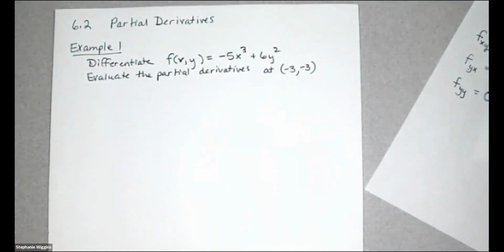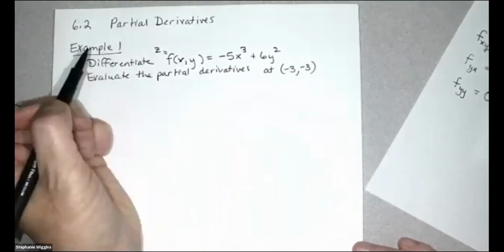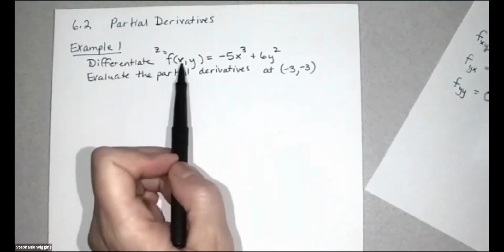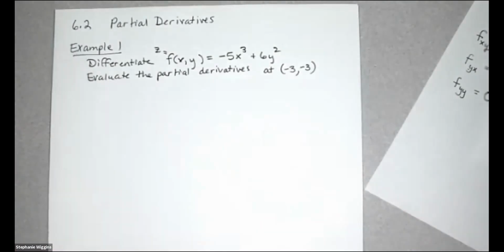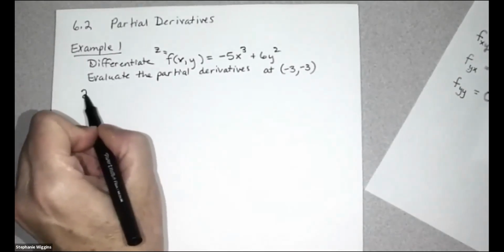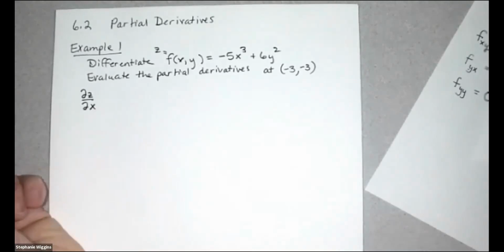Okay, so if we say that our third variable is z, in other words, z equals f(x, y), we've got two independent variables and then a dependent variable z, then the way we refer to the partial derivatives is we differentiate z with respect to x.